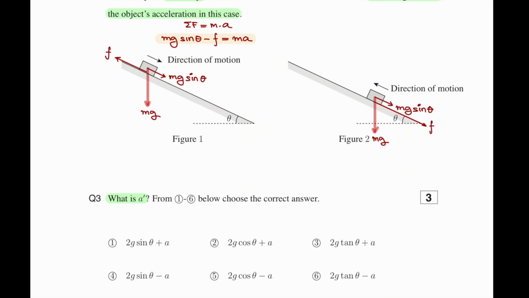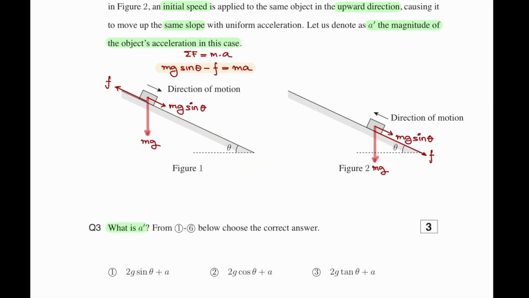This is the frictional force. Once again, these two forces are the only forces that act along the direction of motion.